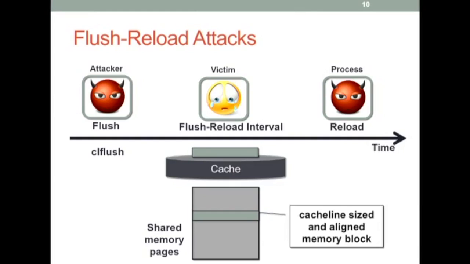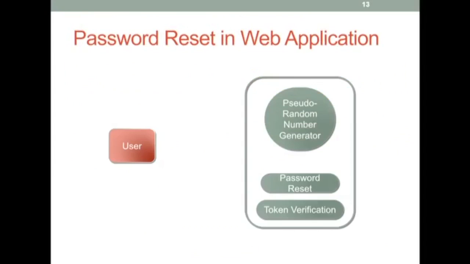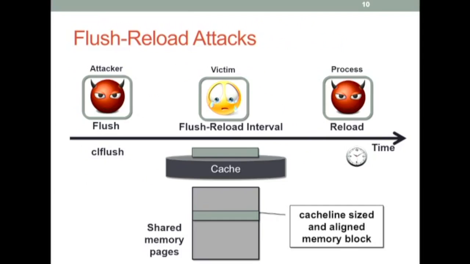Okay, and then in the next phase, which we call the reload phase, the attacker will try to read from the same memory block, and also time the duration of this memory read. If this duration is very long, that means the memory read is actually from the memory, and that also means the victim did not touch this memory block during the flush-reload interval.